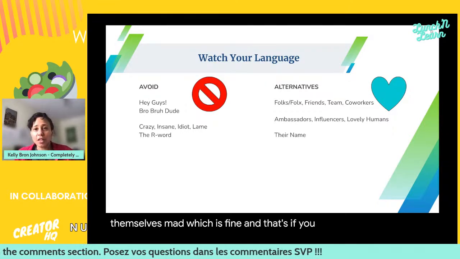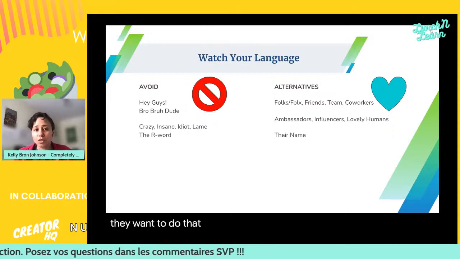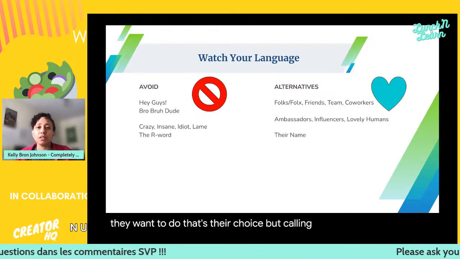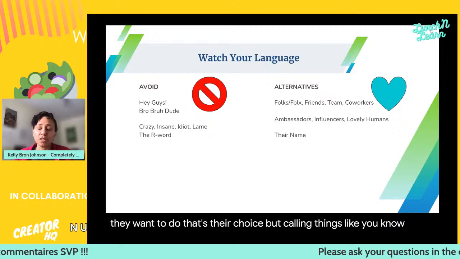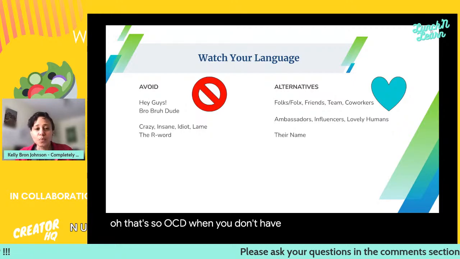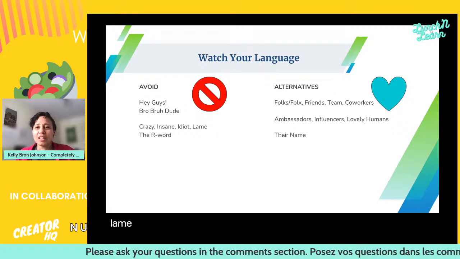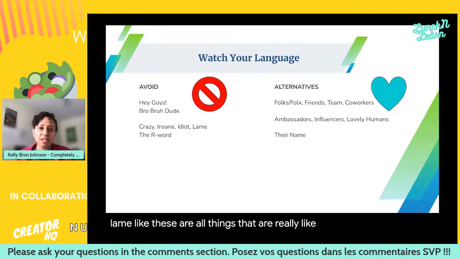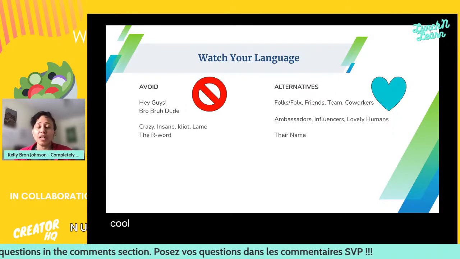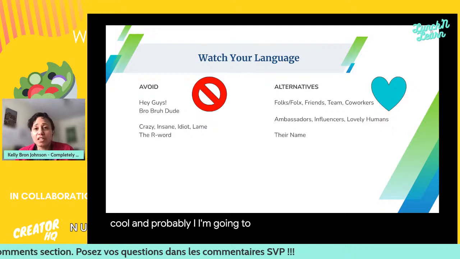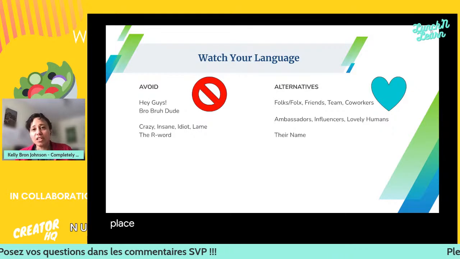If that's what they want to do, that's their choice. But saying things like, oh, that's so OCD when you don't have OCD, or crazy or insane or idiot or lame, these are all things that are really ableist and just not cool. And I'm going to guess, probably doesn't really have a place in your business plan.